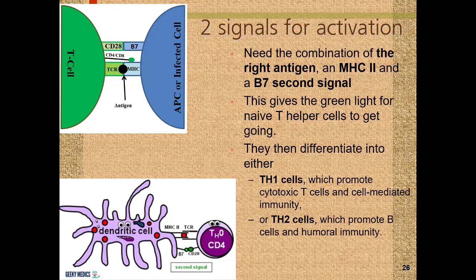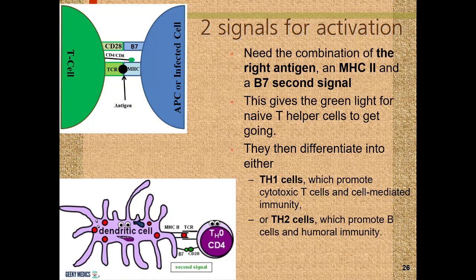It's not always good. So to take things seriously, we have to have a second signal that is involved. That then will cause the T helper cell, in this case, to divide into two possible subsets, a T helper 1 or T helper 2.